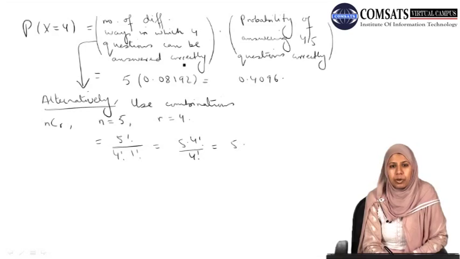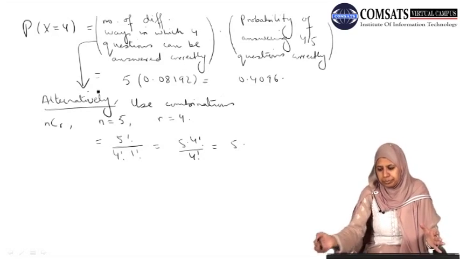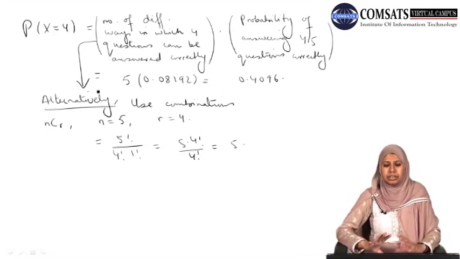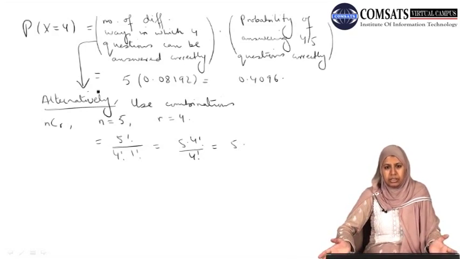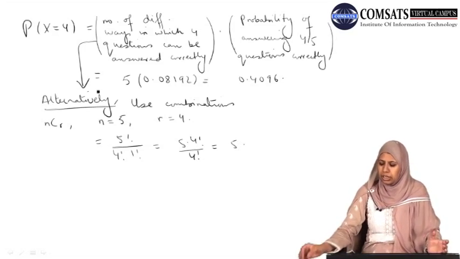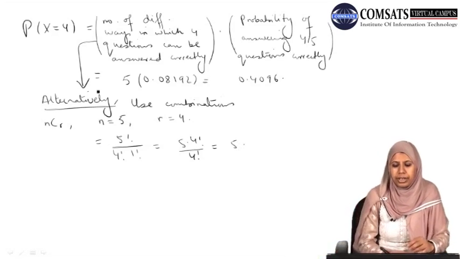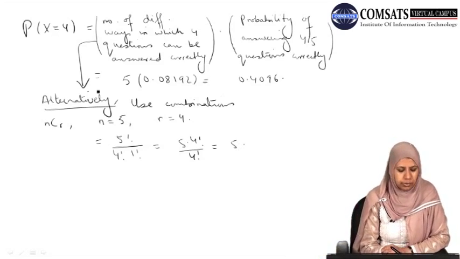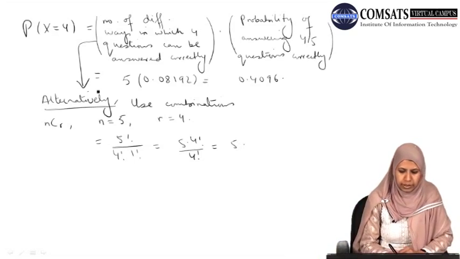So either we will use a combination if our data set is large, or we can write each of the possible combinations separately to know the number of ways. If we are not interested in writing the number of ways, we will simply use the combination, and we will find our probability for that particular random variable.